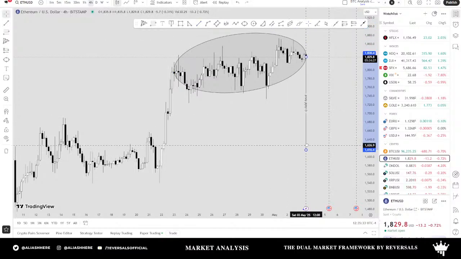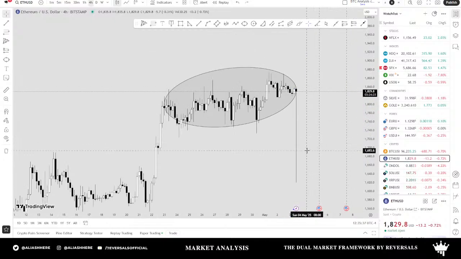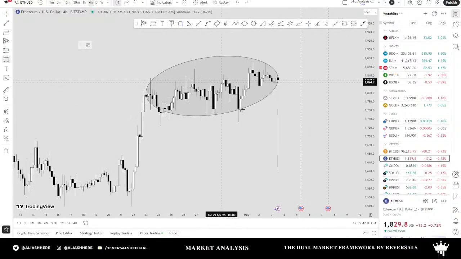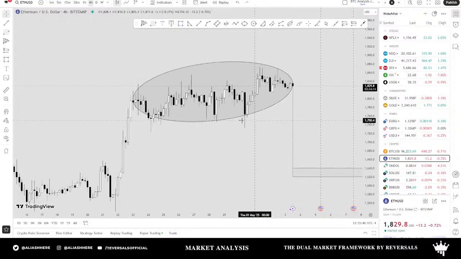That can show the demand here, most probably. Let's see how this turns out. It's a long frame trade, just on the basis of the chart analysis I'm doing.